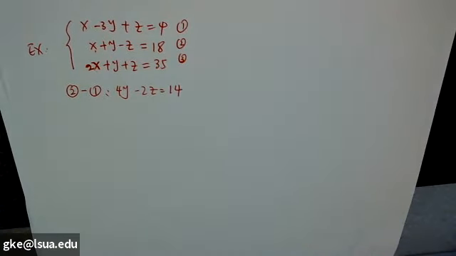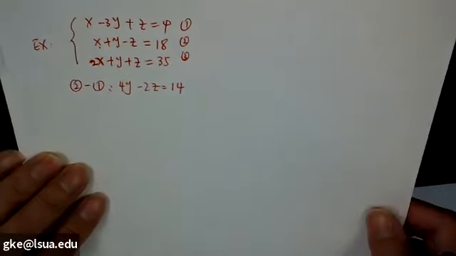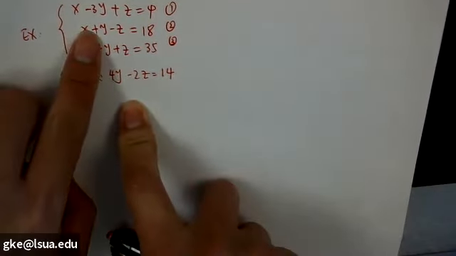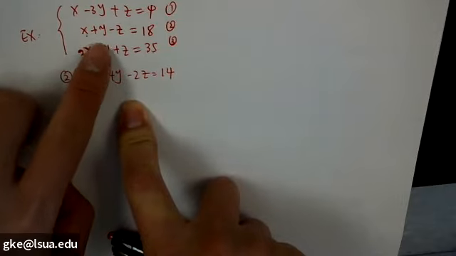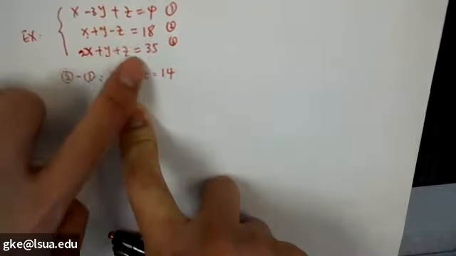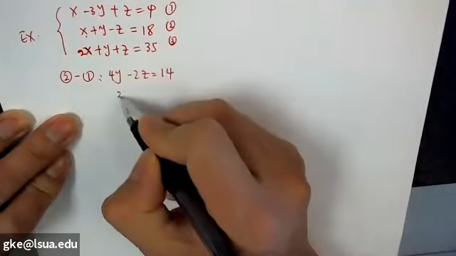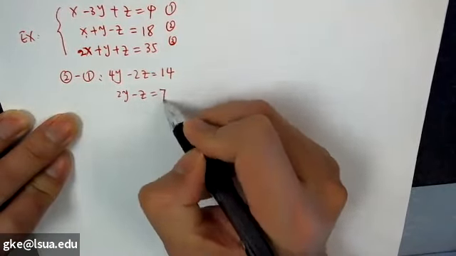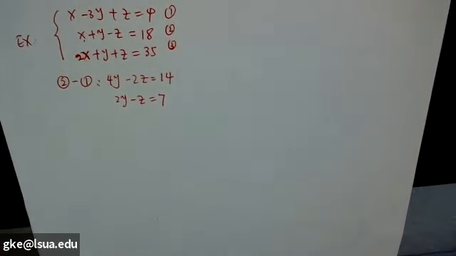Okay, so we have 4y minus 2z equals 14. Dividing by 2 on both sides, 2y minus z equals 7, right? 7.